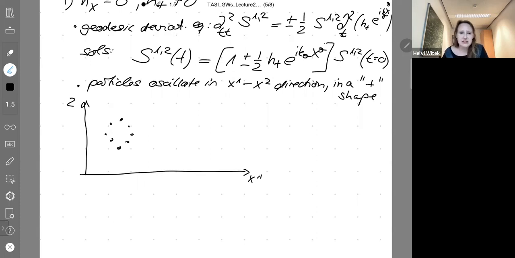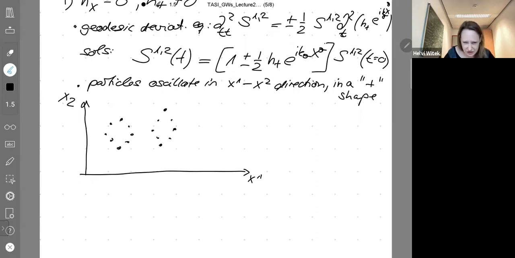If we now assume that a gravitational wave passes through in the direction of the screen, then the particles will oscillate. In particular, they will oscillate in this shape: they may be stretched in the x2 direction and squeezed in the x1 direction.